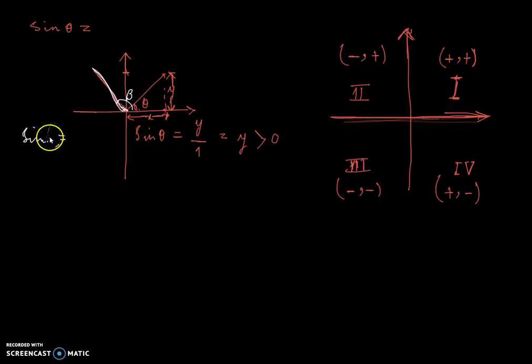We said that sine beta is equal to y divided by r. Right. So you have to write y divided by r.